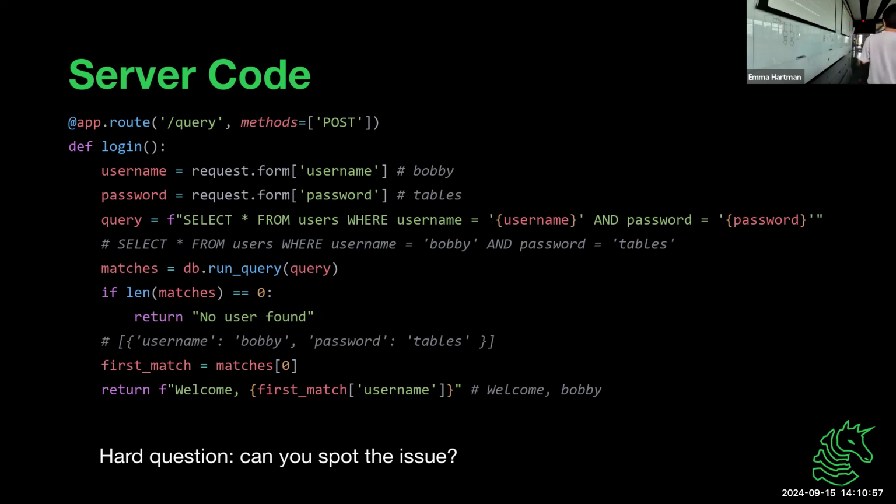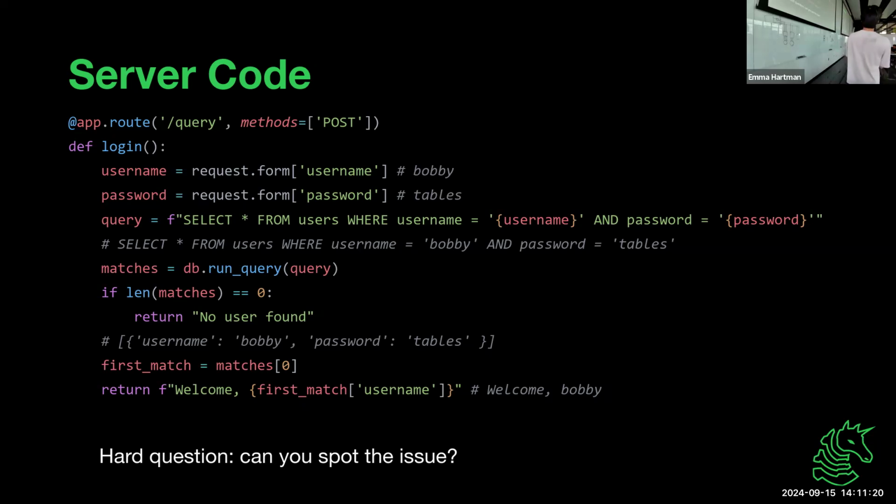So if the user sends in Bobby, then we'll put in Bobby here. If they send in tables for password, it'll be like that. Then we run the query on the database and check if there are matches. If there are no matches, obviously you fail to log in because your password is wrong or your username doesn't exist. Otherwise, you're like, okay, great, we found this username. The real question is, can you spot an issue with this?